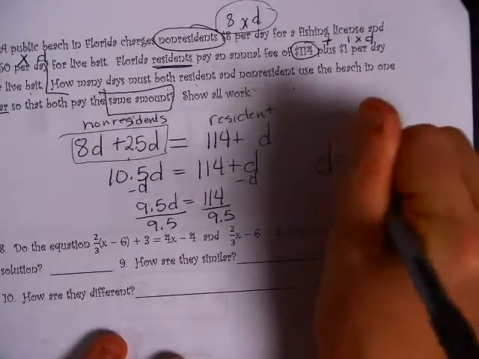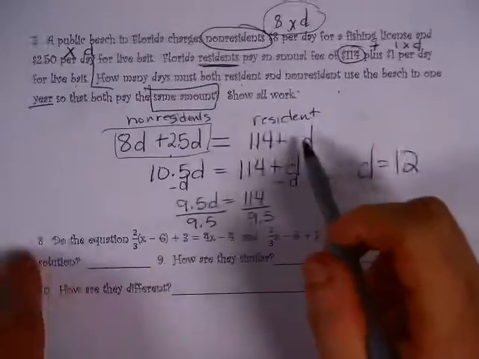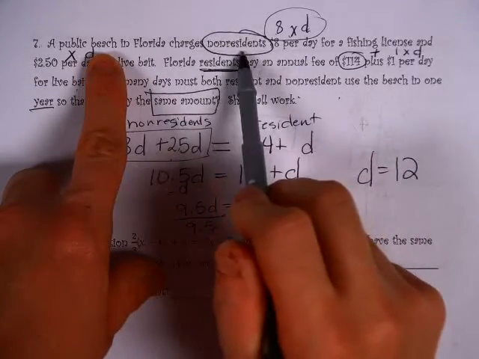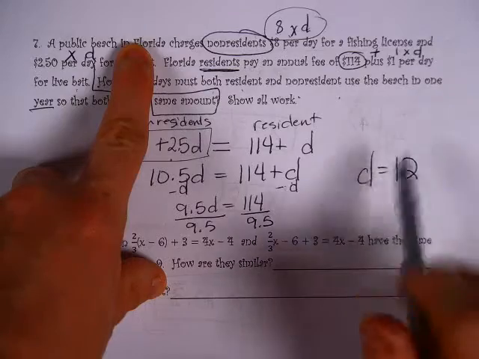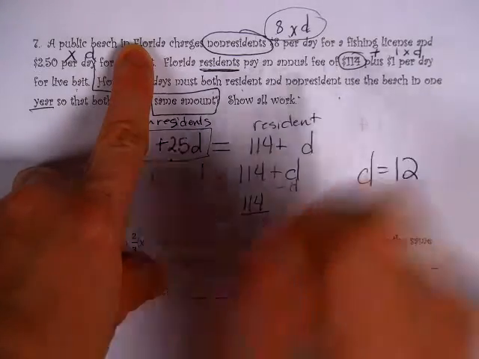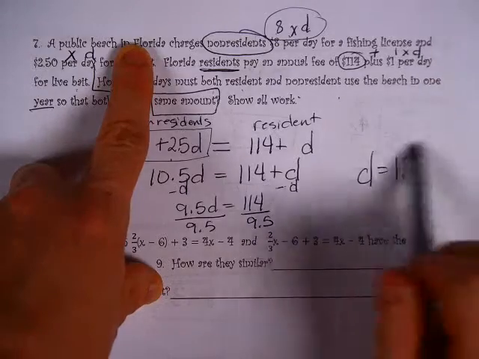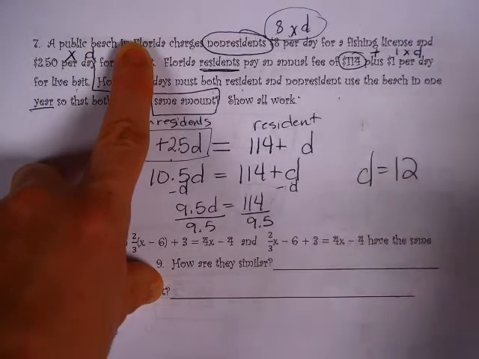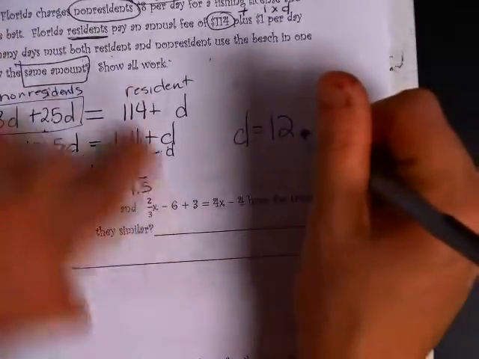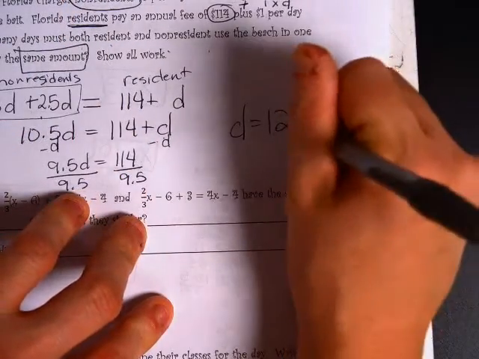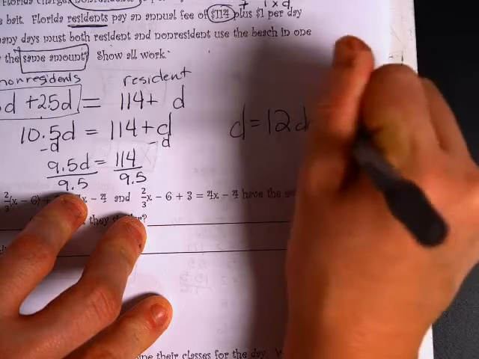So it takes 12 days for them to have the same amount. So if a guy not from Florida fishes for 13 days, he's paying more than a Florida citizen. But if a Florida citizen doesn't fish for 12 days, he doesn't get the benefits of his fishing license. Okay, so this is days.